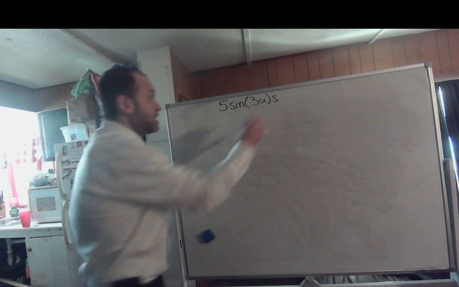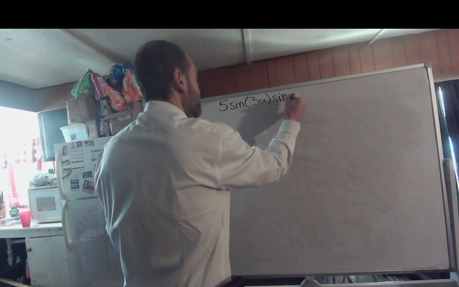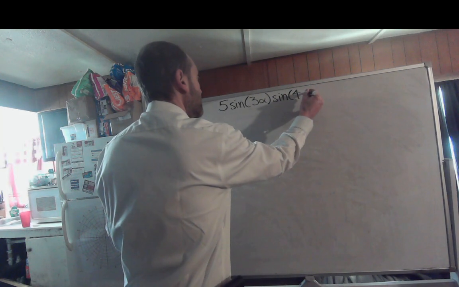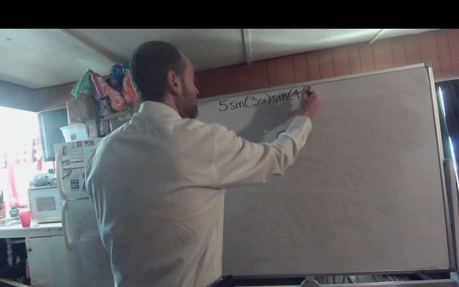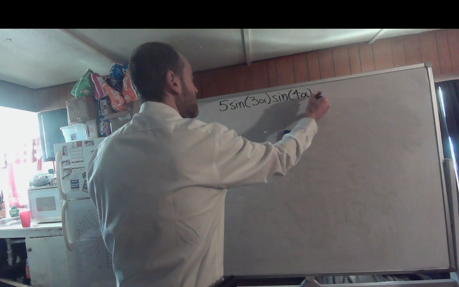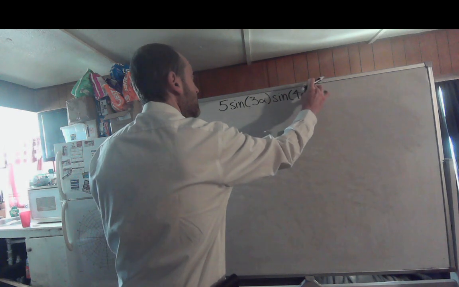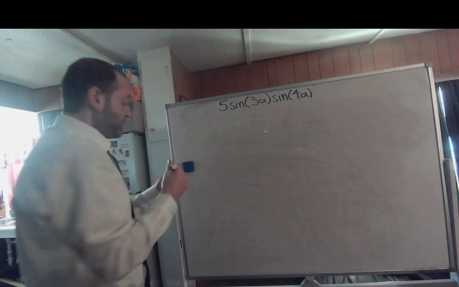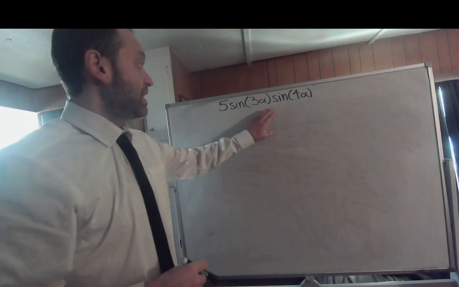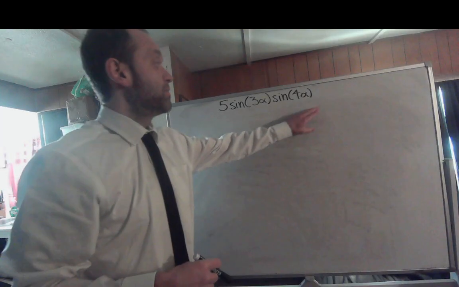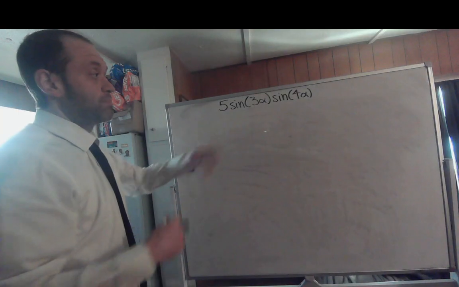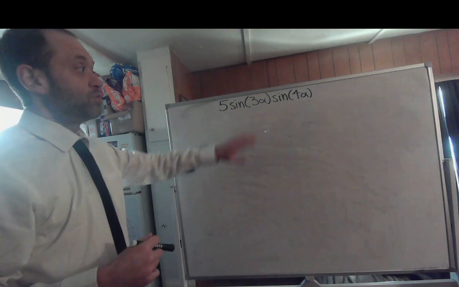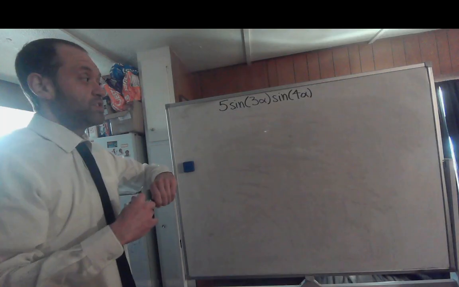Yep. Times the sine of 4 alpha. So we have 5 times the sine of 3 alpha times the sine of 4 alpha. So we're going to apply, again, the product of sum rule, but this time it's for the quantity of 2 sines.